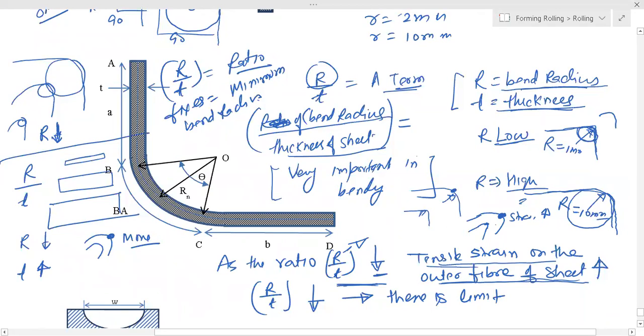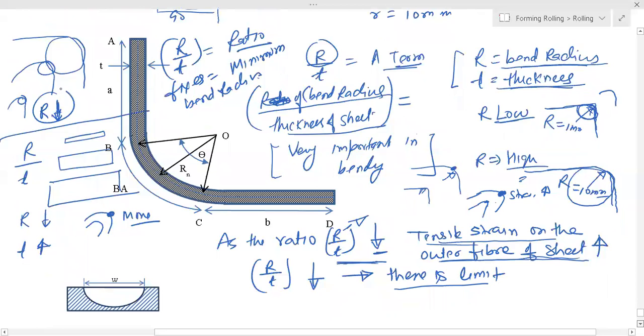So R by T decreases in two different ways. One is your radius decreases, otherwise the thickness T increases.